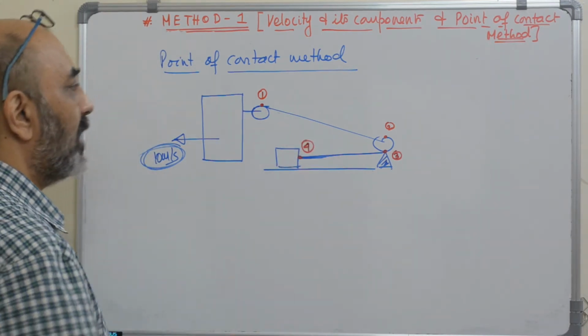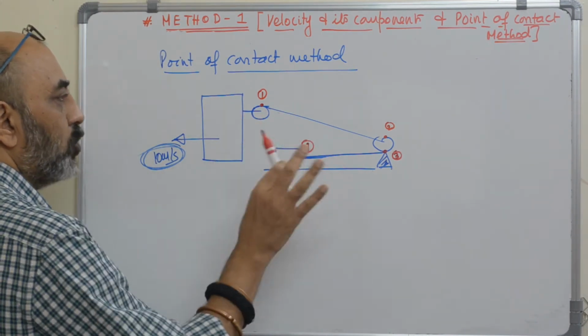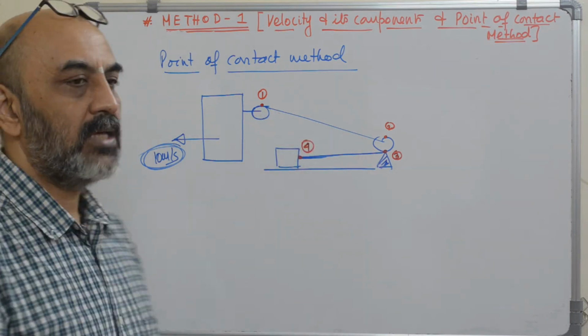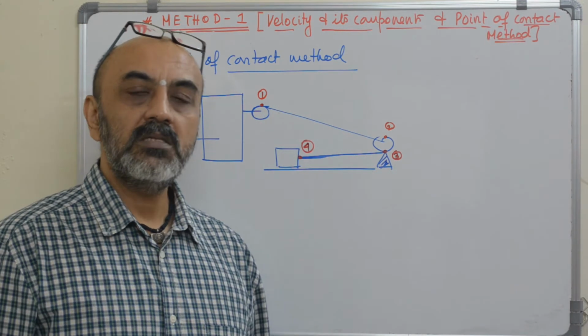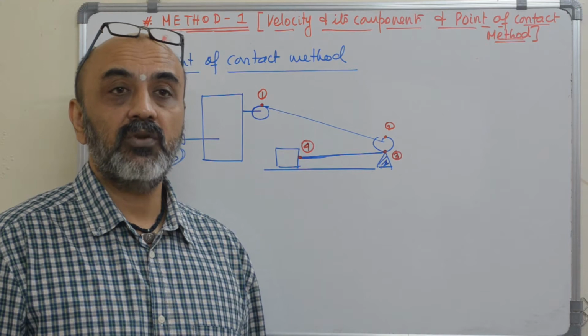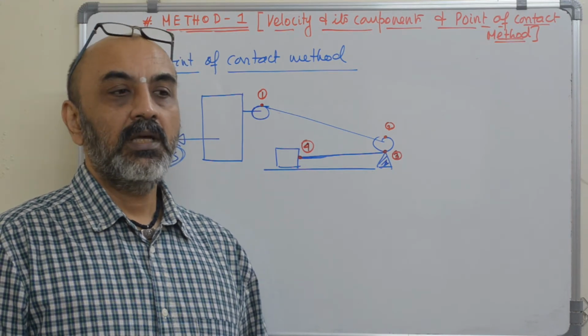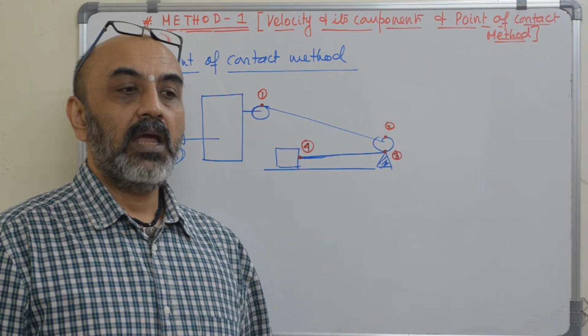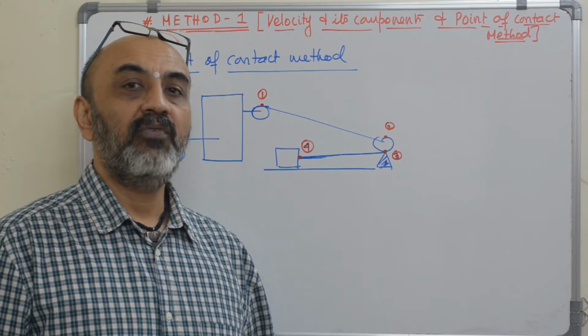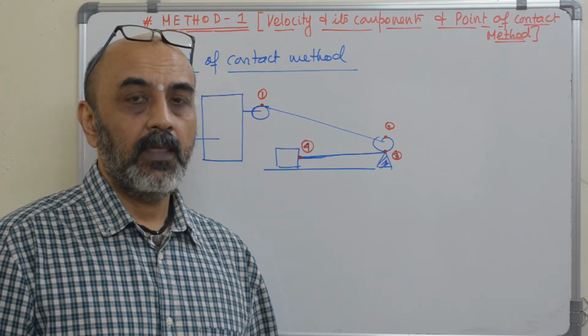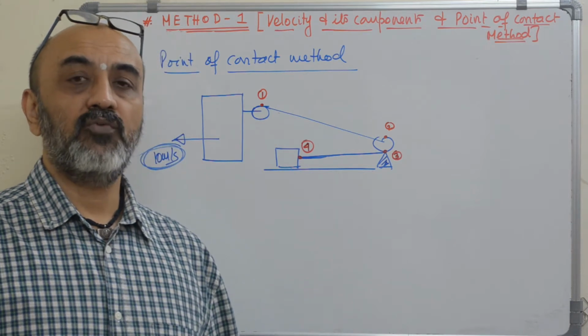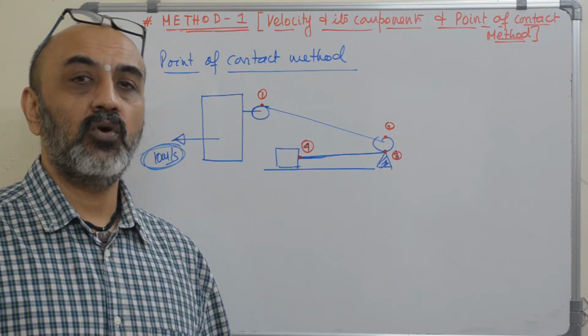Now let us analyze. First of all, don't forget that the length of the string is going to be a constant. If the length of the string is constant, that means the rate of change of its length is going to be 0.